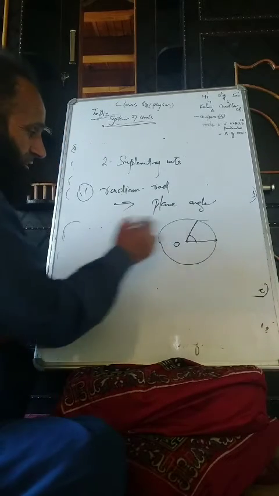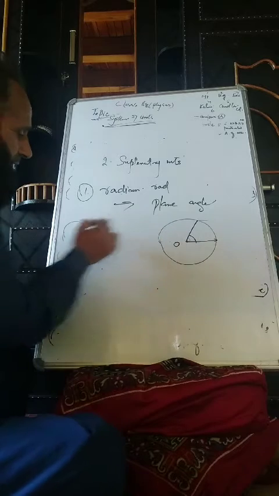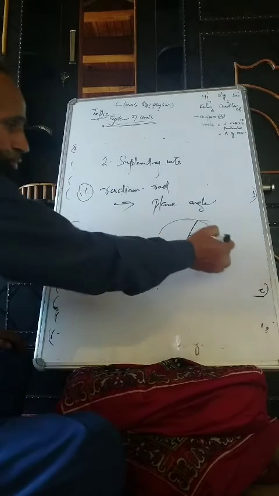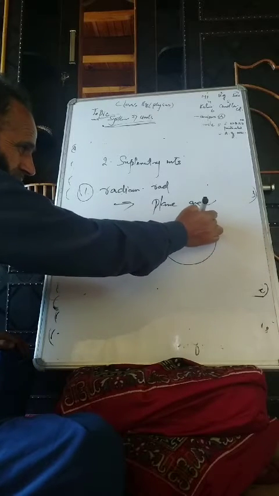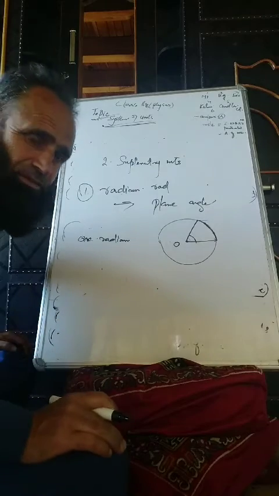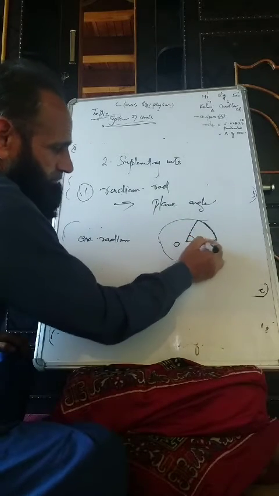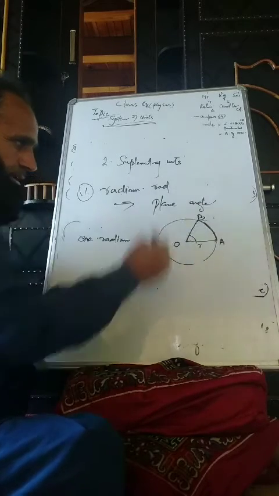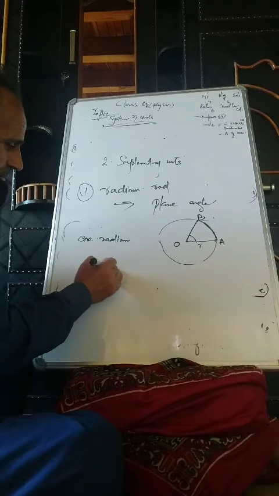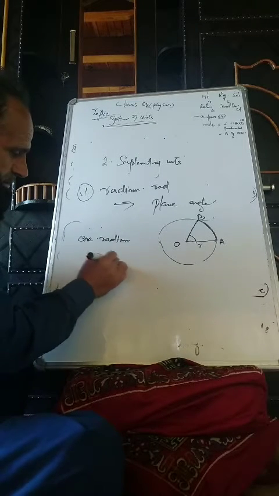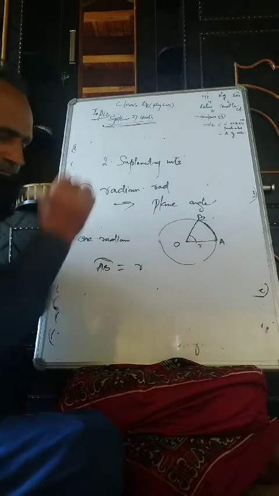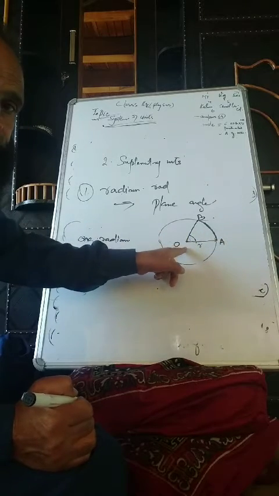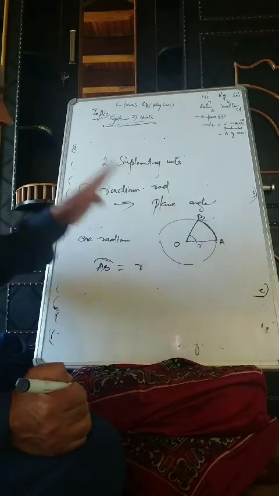This angle is equal to 1 radian when the length of this arc AB is equal to the radius R of the circle. Then the angle subtended at the center of the circle is equal to 1 radian.